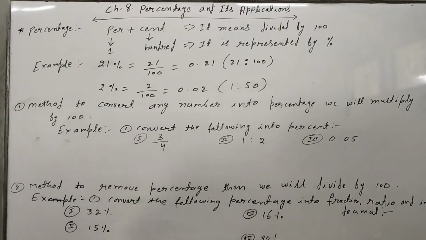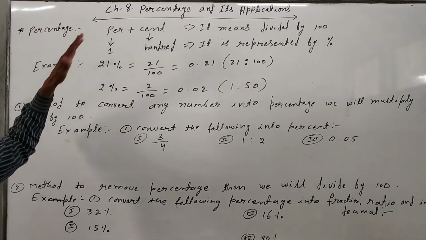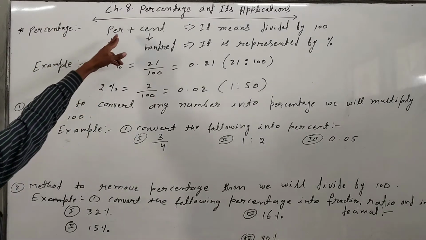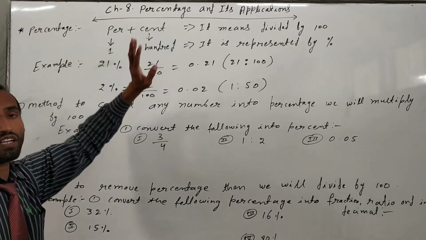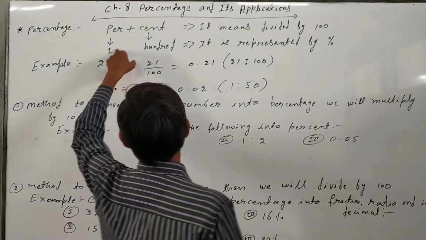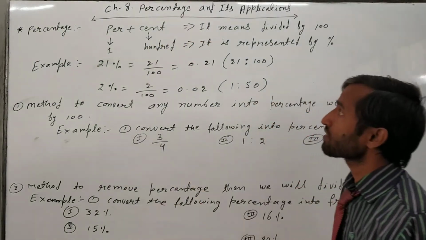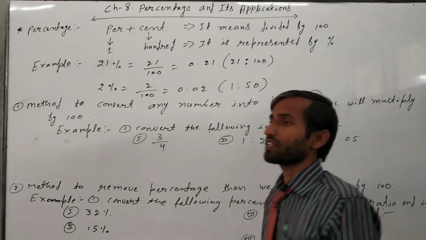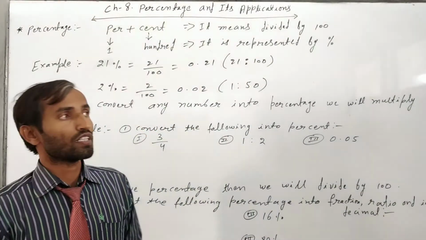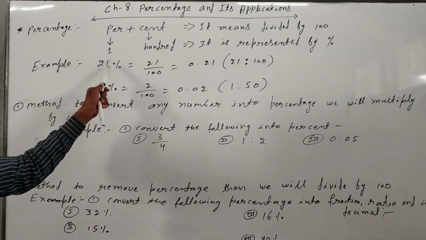First of all, what is the meaning of percentage? Per plus cent, if we make different words. Per means 1, cent means 100, so it means divided by 100. If any number is divided by 100, that is called percentage. For example, 21%.